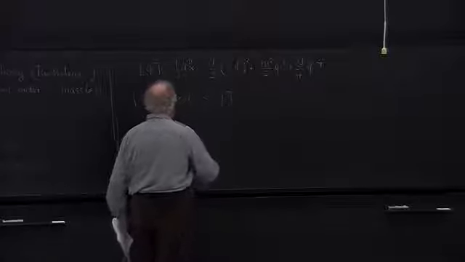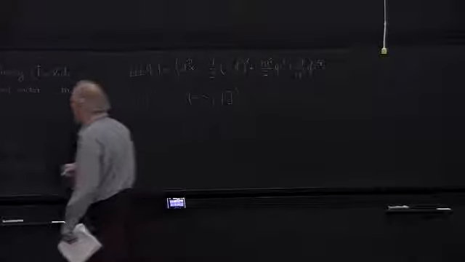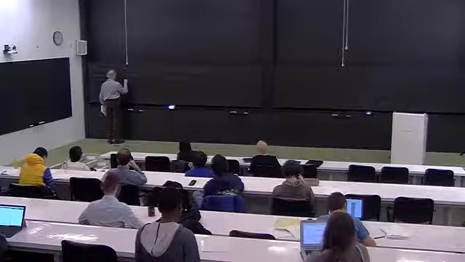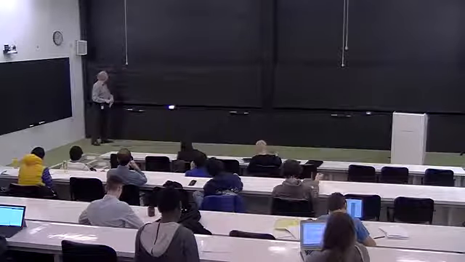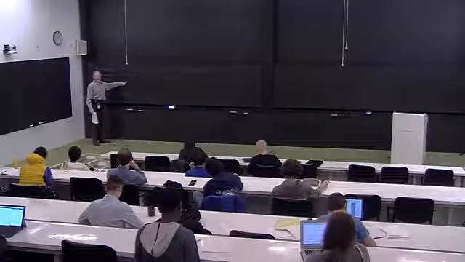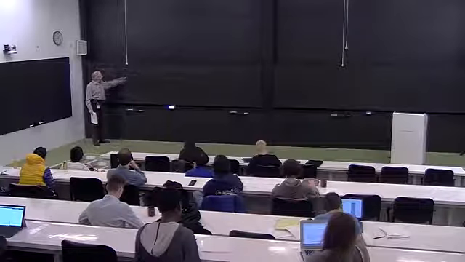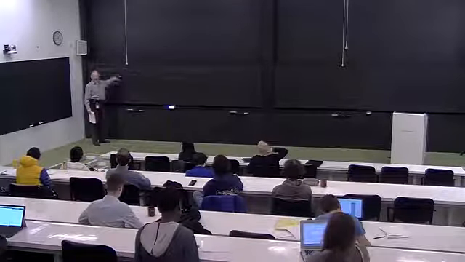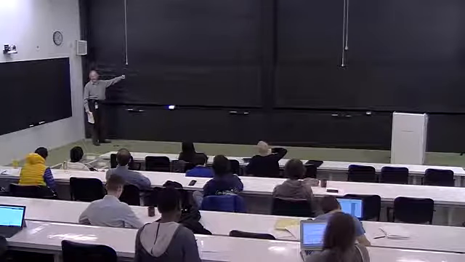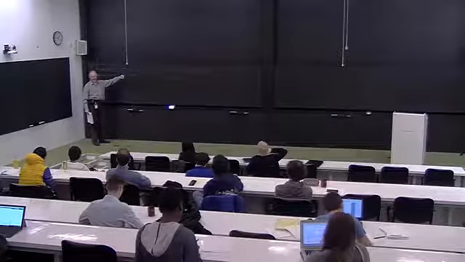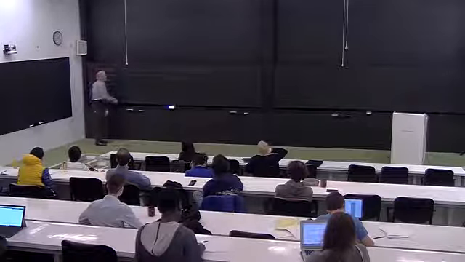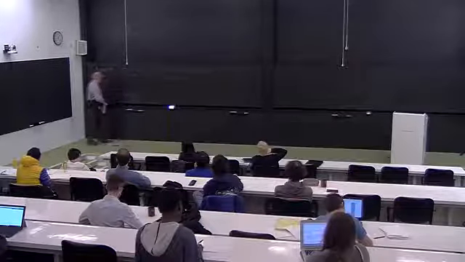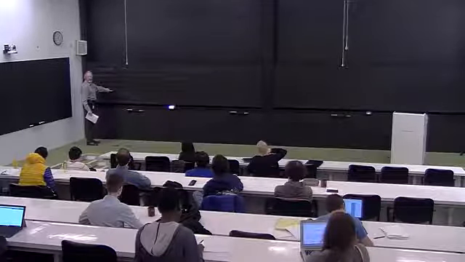Okay? So for simplicity, I set h bar equal 1. Because we have seen that the expansion in h bar is just an expansion in terms of the number of loops of a Feynman diagram, which in itself is related to the number of vertices in the graph. So expanding in h bar is the same thing as expanding in g.